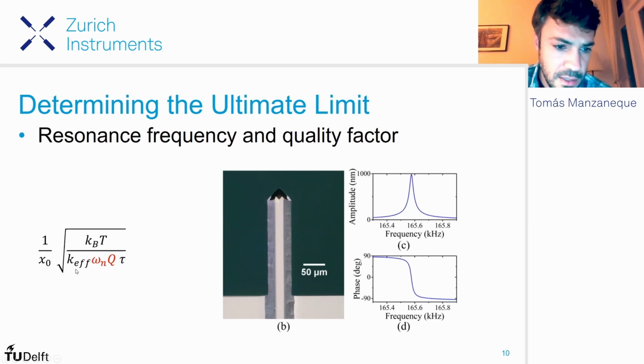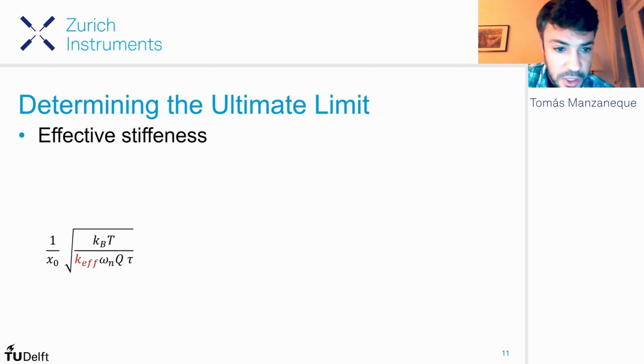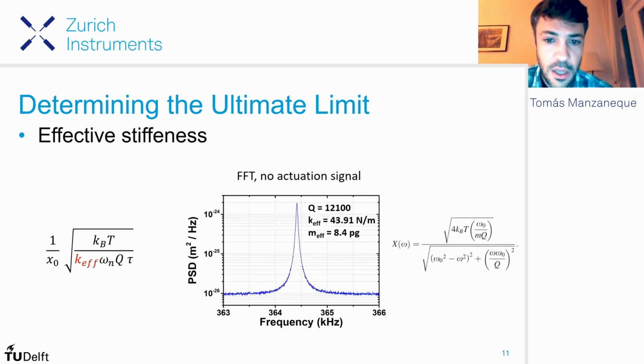But what about the stiffness? If you excite your resonator with an external piezoelectric, for instance, you don't have information about the stiffness because you don't know what the force is that the piezoelectric is exerting on the resonator. So we can do a measurement in which we don't apply any force. This is a measurement in which there is no actuation, just a measurement of the displacement of the device when it's resting.